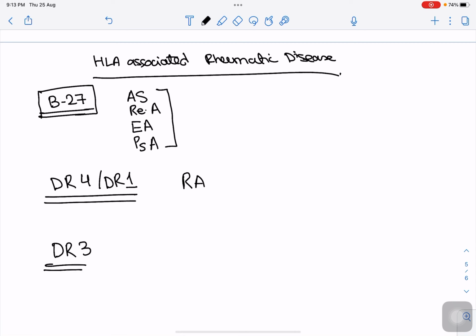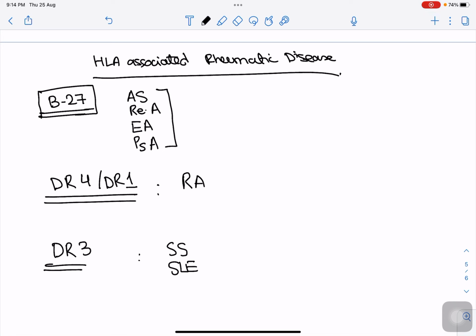And again, we would follow DR3, which is another HLA. If the patient is positive for DR3, that means the patient may have systemic sclerosis, or the patient may have SLE. So this is another associated HLA. DR3 is associated with the production of anti-Ro SSA and SSB antibodies.